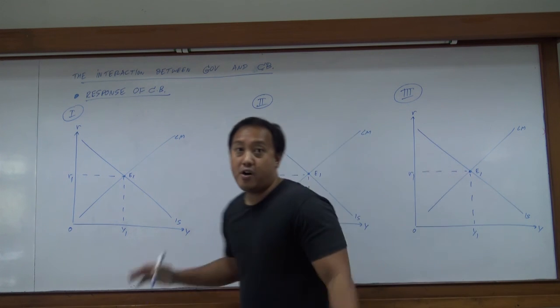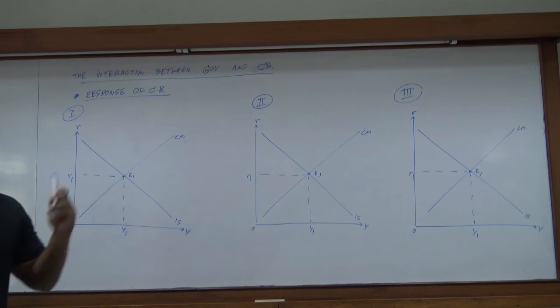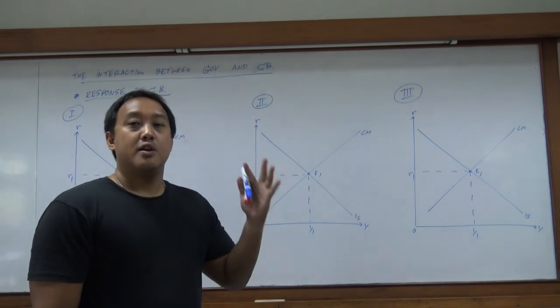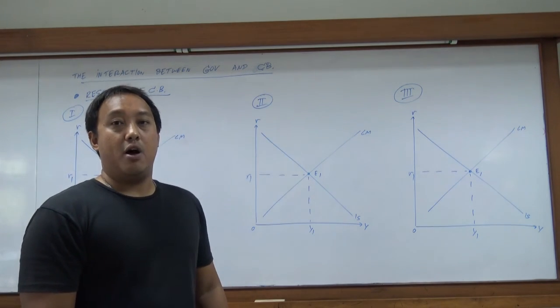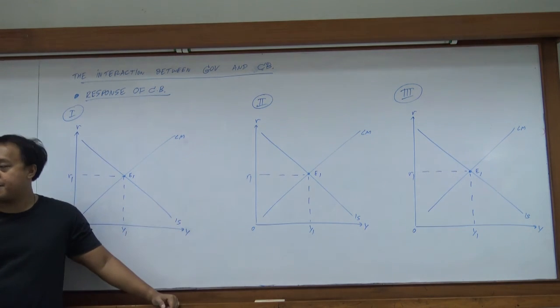And this is a graph for the third case. So we're going to have three cases of how the central bank responds to the fiscal policy of the government.